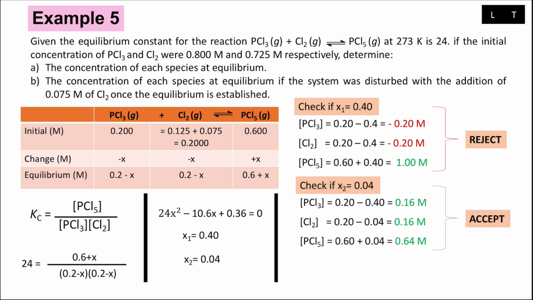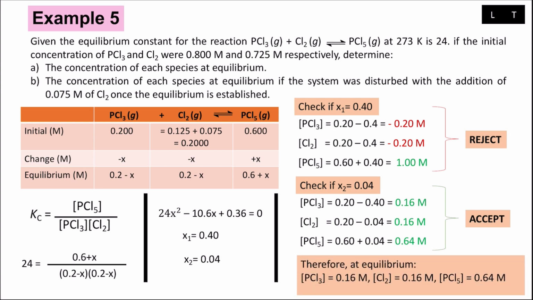I'm going to accept X2, which is 0.04. So, buat conclusion. Therefore, at equilibrium, concentration PCl3 is 0.16 molar, Cl2 is 0.16 molar, same, and concentration for PCl5 is 0.64 molar. So, kita dapat concentration yang baru setelah kita kacau sistem ini.